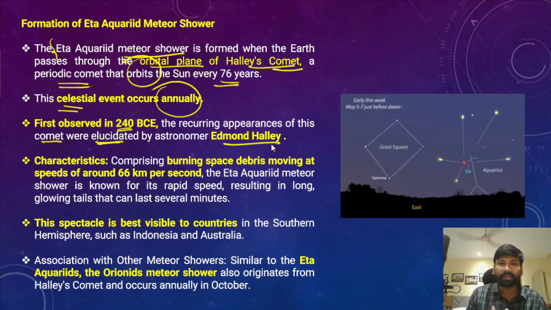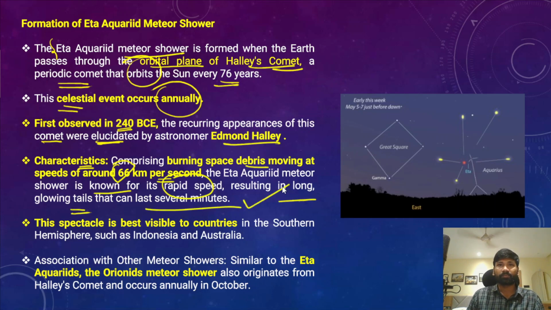What are the characteristics? The characteristics of the Eta Aquarid meteor shower include burning space debris moving at speeds of around 66 km per second. It is known for its rapid speed, resulting in long glowing trails that can last for several minutes.